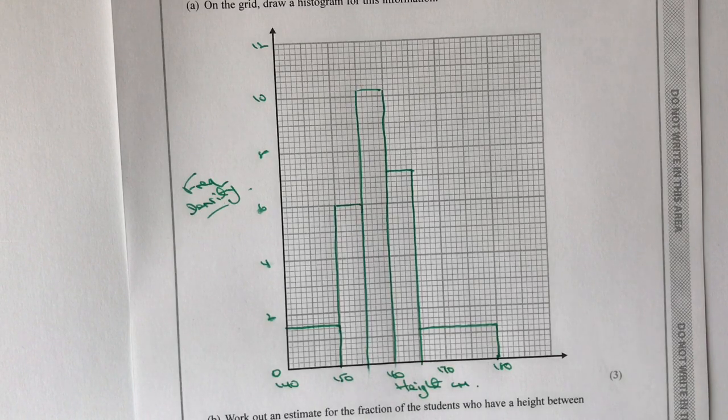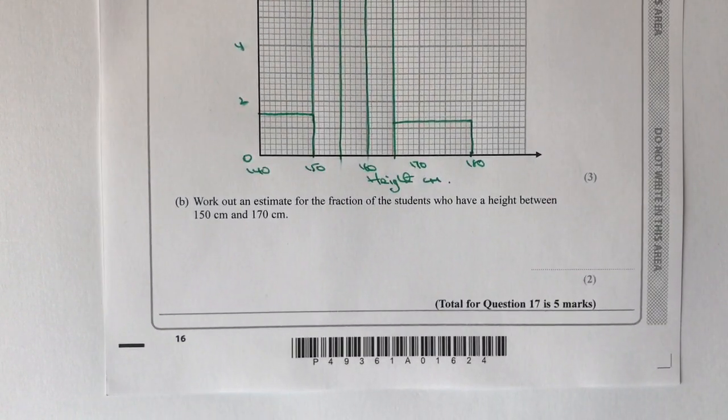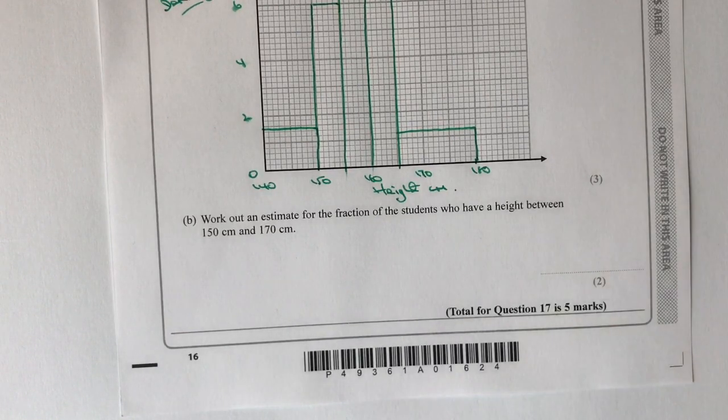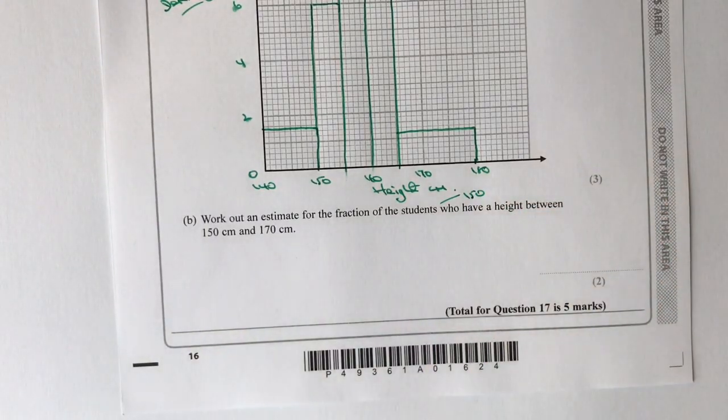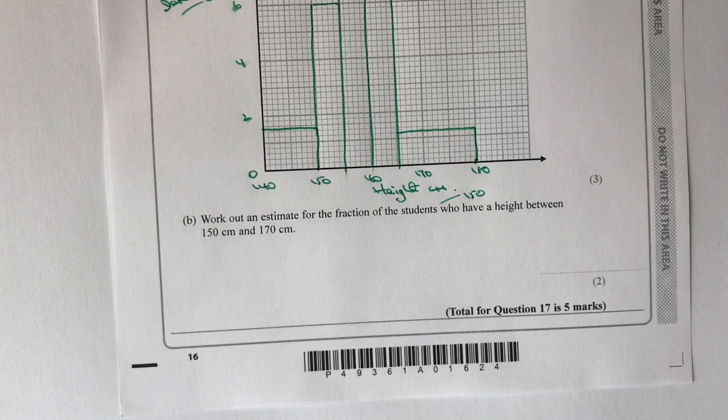Okay, so part B of this question says work out an estimate for the fraction of the students who have a height between 150 and 170. Well, we do know there are 150 students. So what we're going to try and figure out is something out of 150.